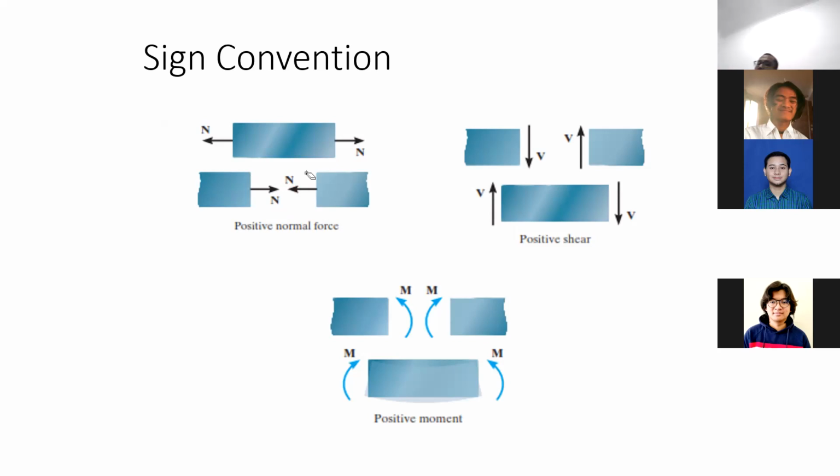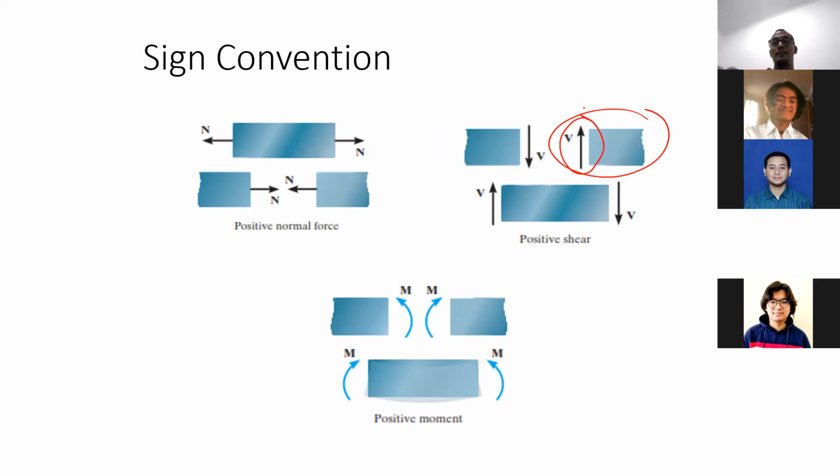Then for shear force, the positive direction is clockwise. So positive shear force is supposed to be like this. If we do a cut here, the right side of the cut will have an internal force going downwards, and the left cut will have an internal shear force going upwards.